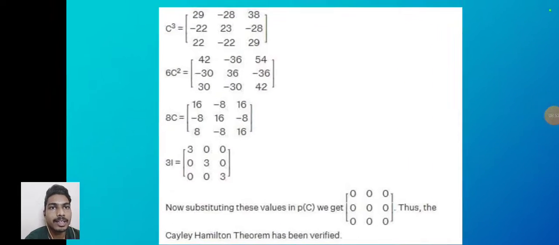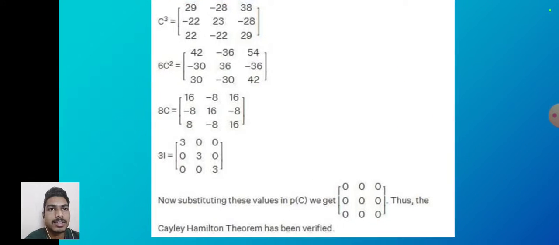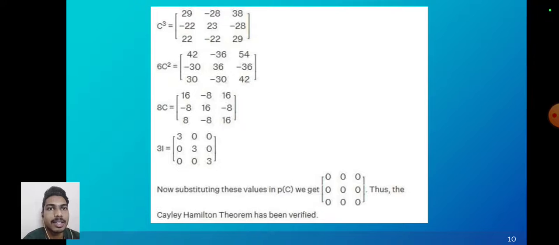Now next, after solving each term, we get C³ as 29 -28 38, -28 22 23, -28 22 -22 29... For 6C², we get this matrix: 42 -36 54, -30 36 -36, 30 -30 42.